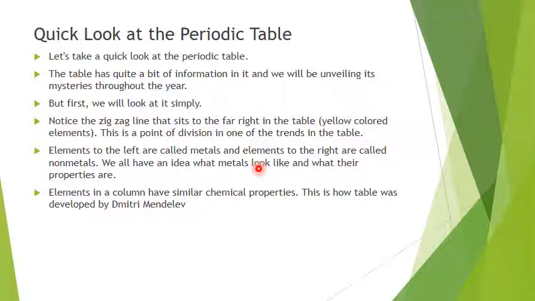A lot of periodic tables will have a way of designating whether an element is a gas or a liquid or a solid. So the left hand side of the table we call metals, the right side we call nonmetals. And those are going to be chemical terms.